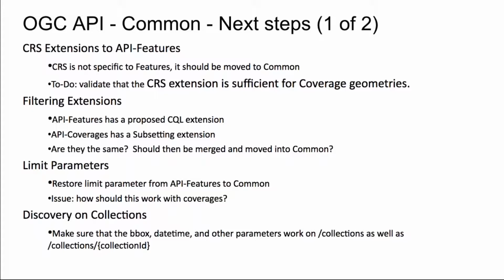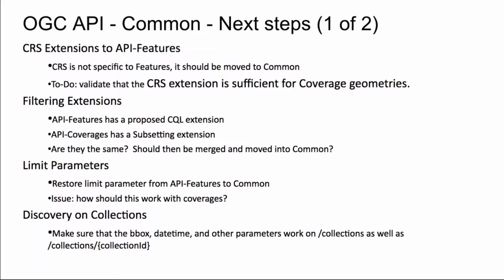Mind you, this is something we have to do a serious validation of, because the feature world tends to be geocentric, whereas the coverage world tends to be more esoteric in their coordinate reference systems. So we want to make sure that it doesn't make simplifying assumptions in the CRS extension. But as long as it doesn't, the proposal is to take CRS as an extension to common, which means that any API could take advantage of it.